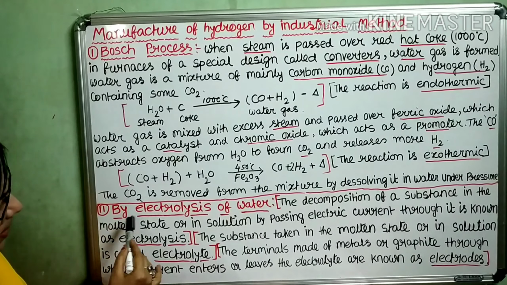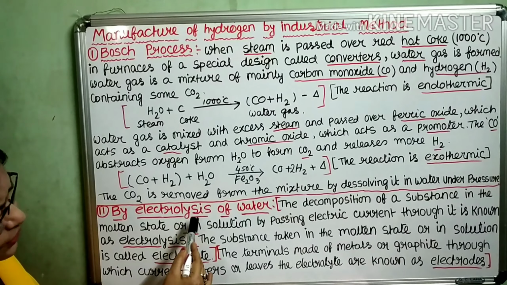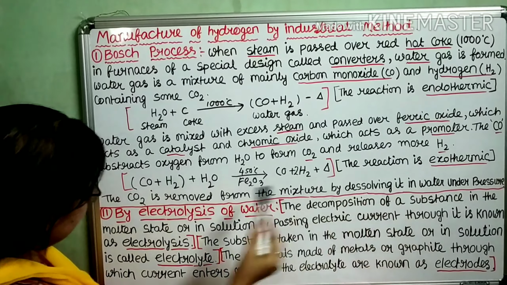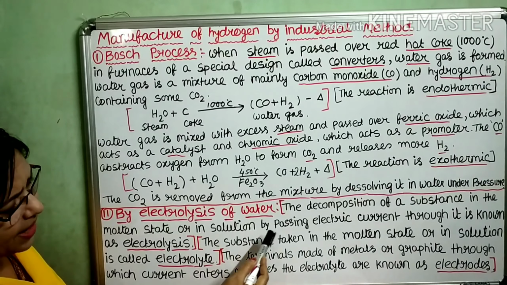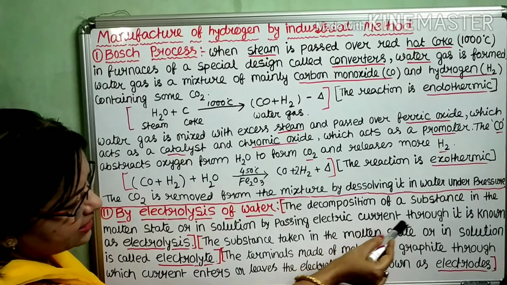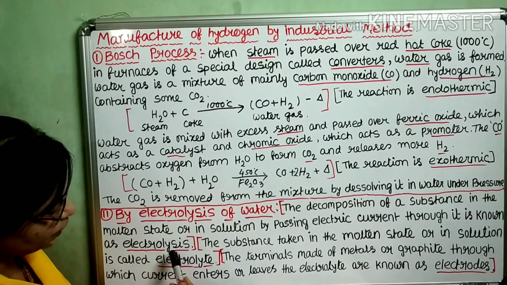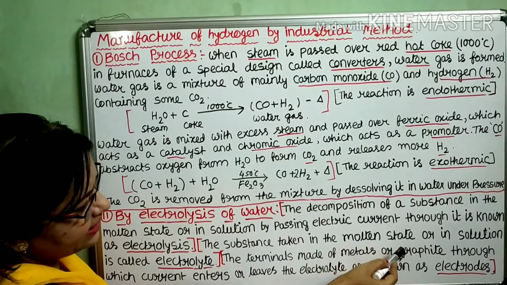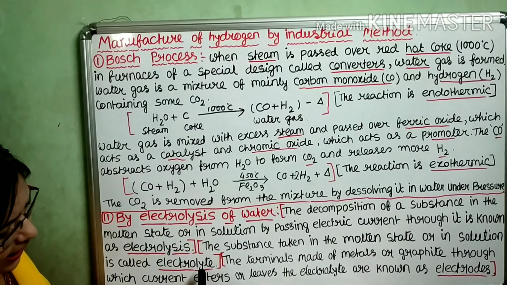Now next, by electrolysis of water. First we should know what electrolysis is. The decomposition of a substance in the molten state or in solution by passing electric current through it is known as electrolysis. The substance taken in the molten state or in solution is called the electrolyte.